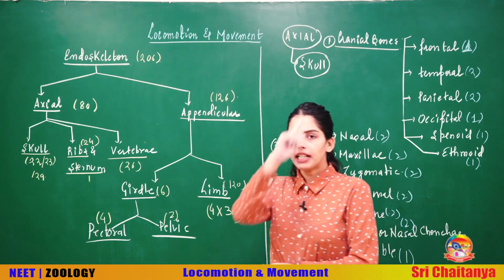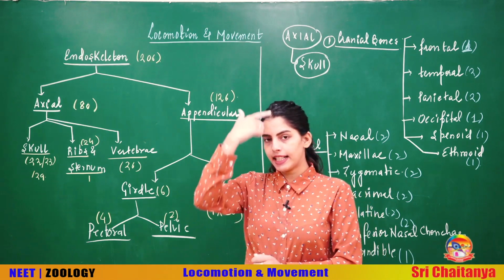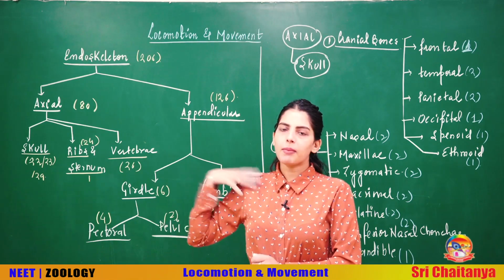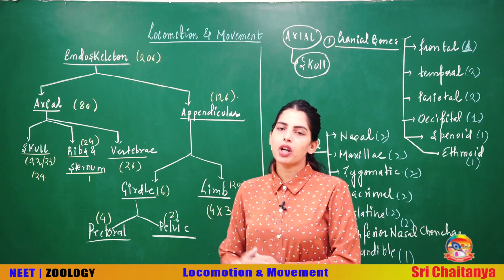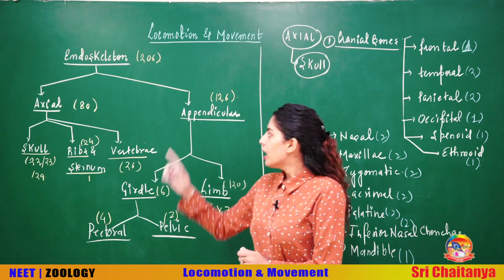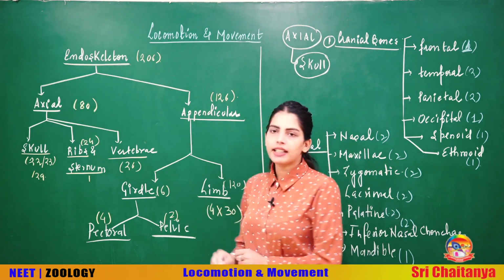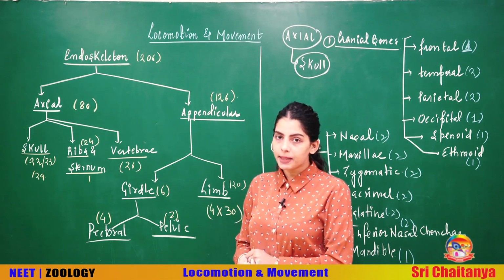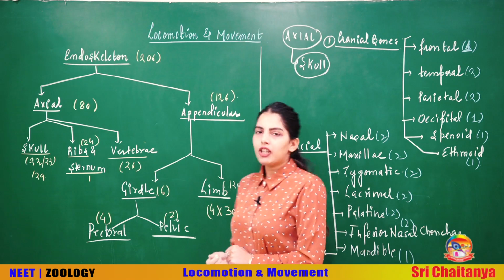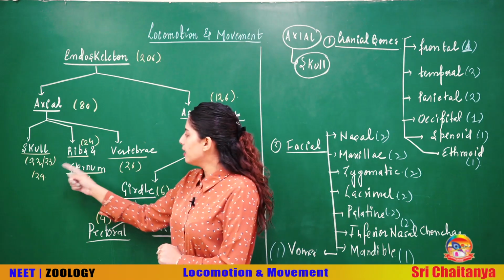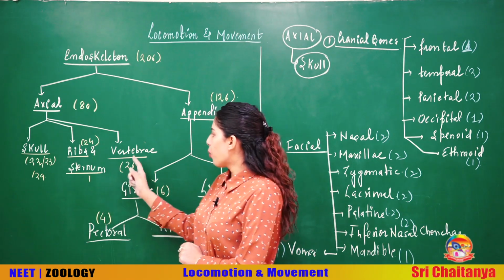Whatever comes out of the axial skeleton forms your appendicular skeleton. The axial skeleton has 80 bones, and the appendicular skeleton has 126 bones. The axial skeleton has the skull, ribs and sternum, and vertebrae.